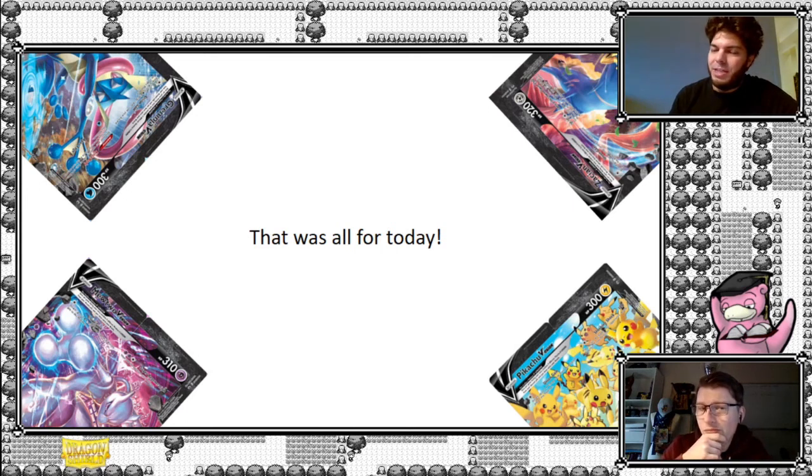But what we see is that whether we play 1 basic or 54 basics, the difference between the final probabilities is certainly less than 1%. So really it doesn't make much of a difference how many basics you play in your V-UNION deck.